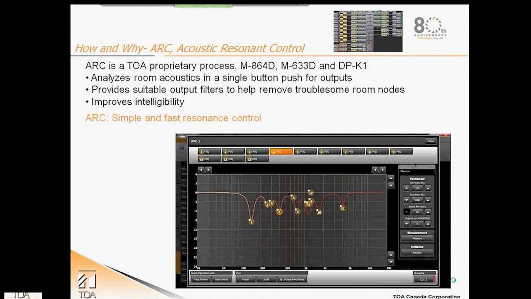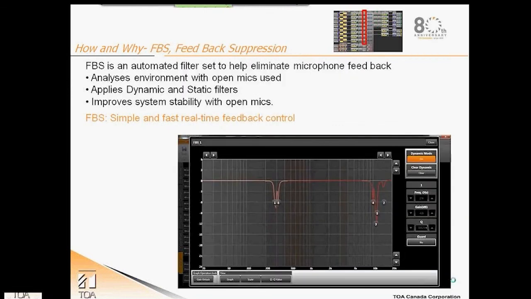After analysis, filters are placed into the system to help reduce room mode artifacts that show up as hotspots. This process will improve overall system stability and increase system gain, with the benefit of increasing speech intelligibility. It's as simple as placing a microphone or microphones in the room and pressing a single button.